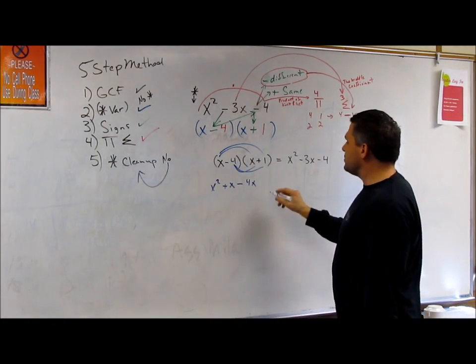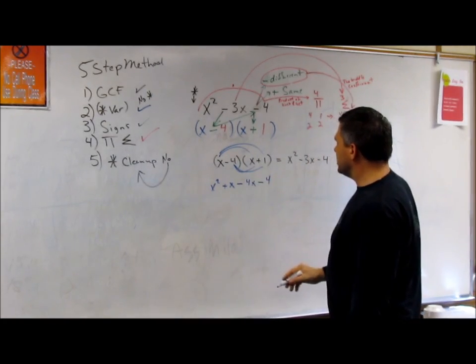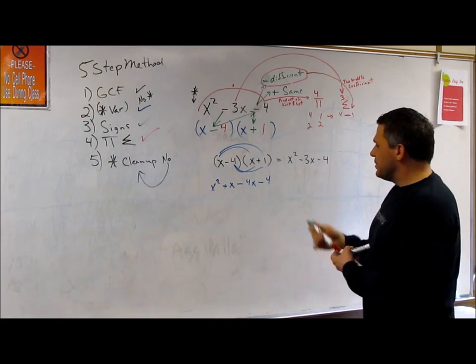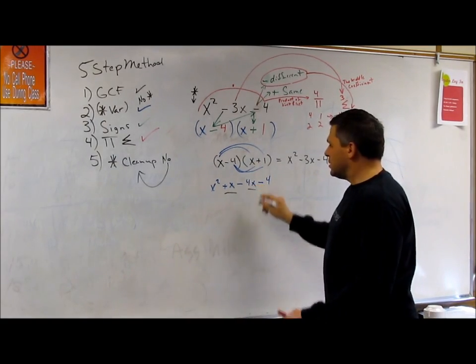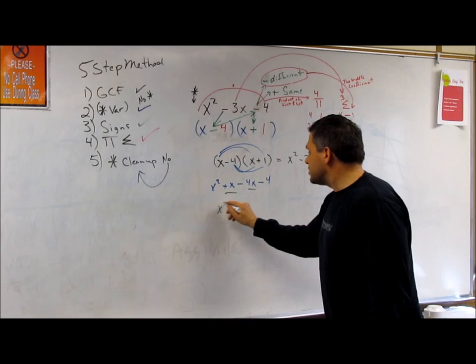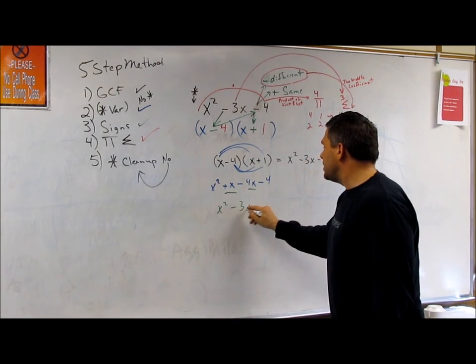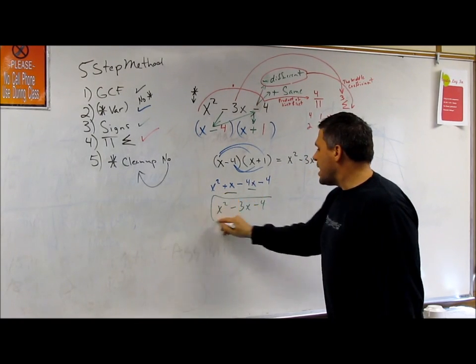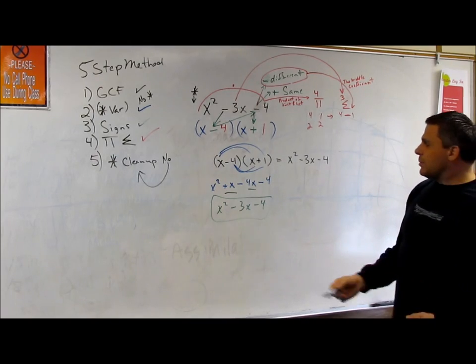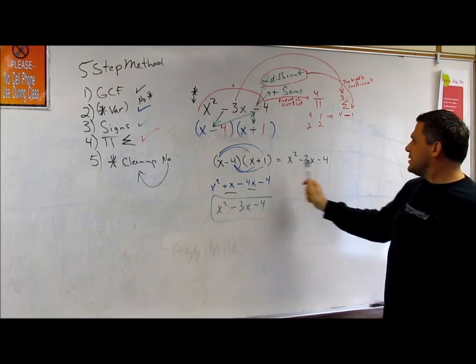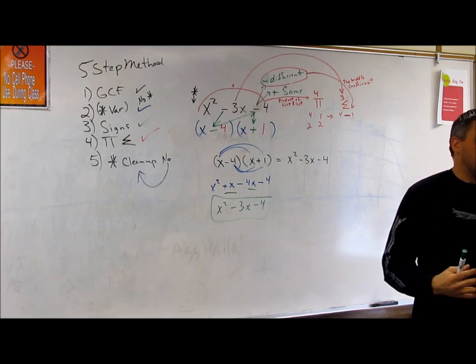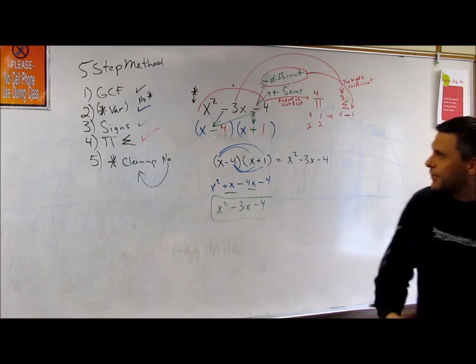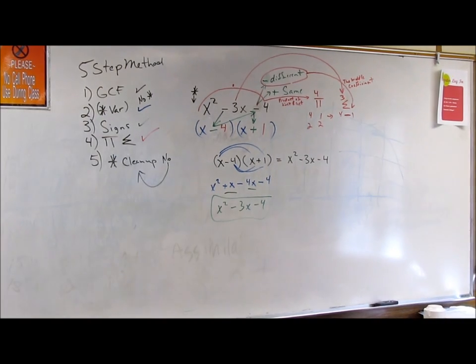And negative 4 times 1 is minus 4. And when I take my like terms, I get x squared minus 3x minus 4. And so this is this. They are the same. It's just factored. Okay? So that's your first problem.